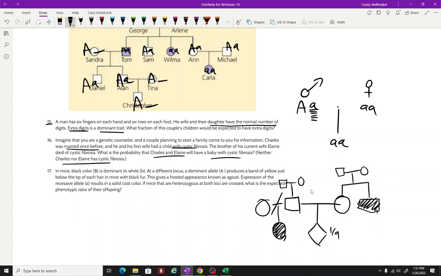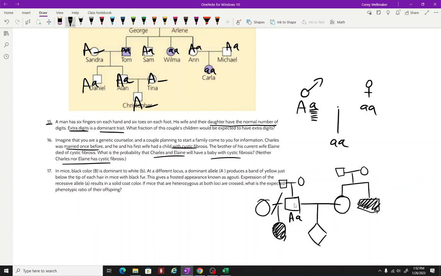Same problem as before, right? So unless I'm missing something here, 2/3 chance that he's a carrier. No, whoa. Okay. He's a carrier, okay? Because he's got a daughter that died of cystic fibrosis. But we don't know if she is a carrier.